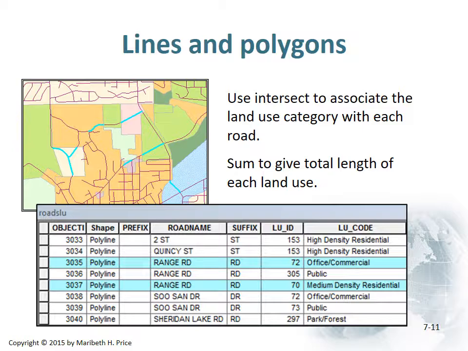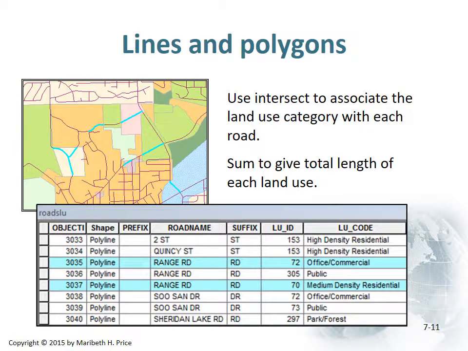And so the result coming out is lines that contain the information that was in the land use table. So the road names here, what is a street or a road, the land use ID as one column, and the land use code as another column.